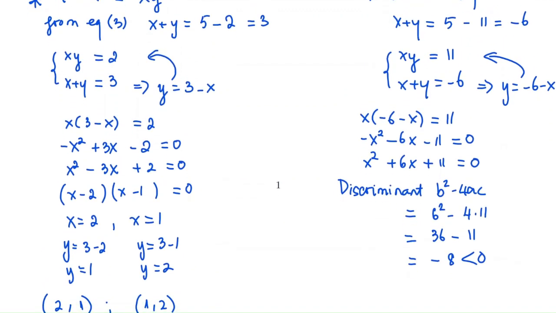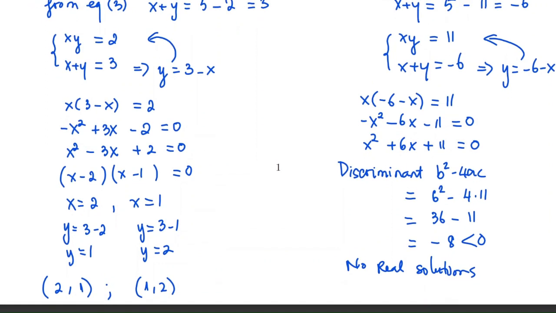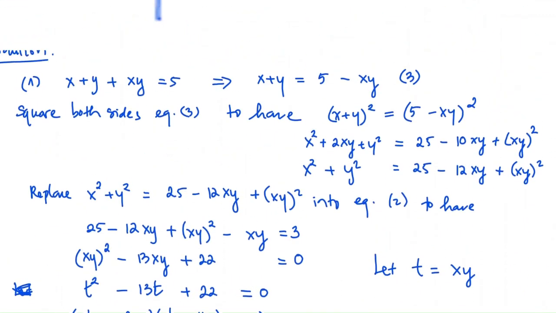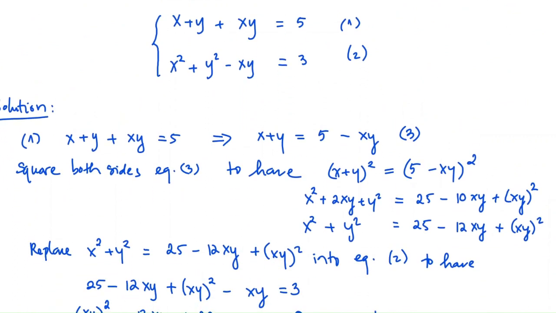So the equation has no real solution. So we only have two pairs here: x equal 2, y equal 1, and x equal 1, y equal 2, for this system of two equations.